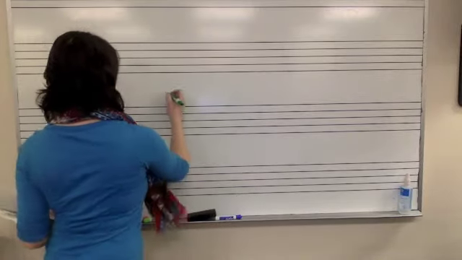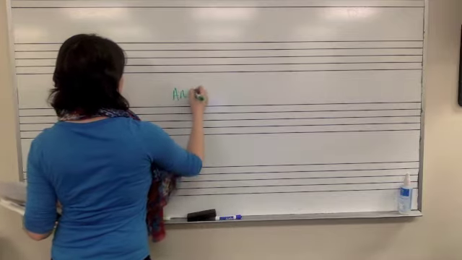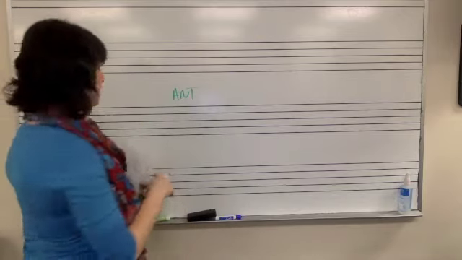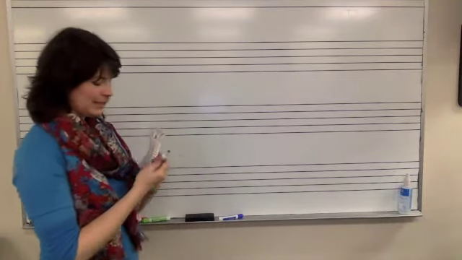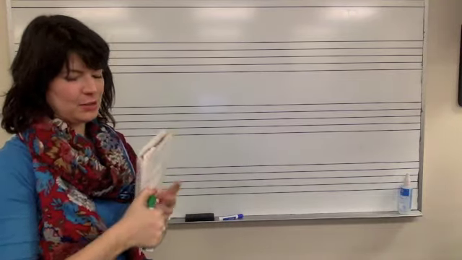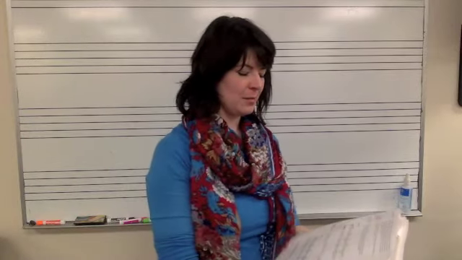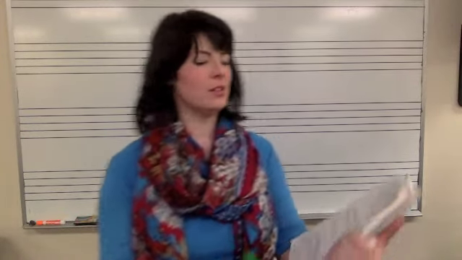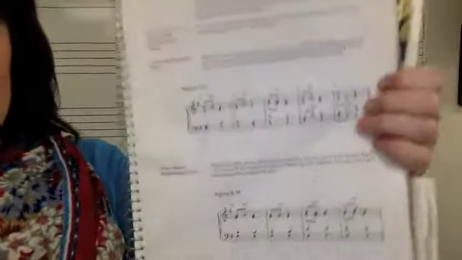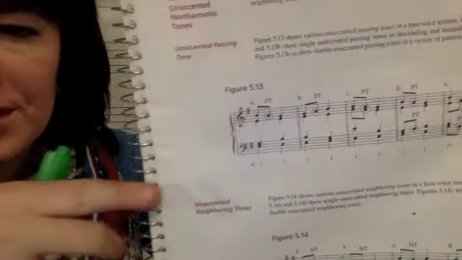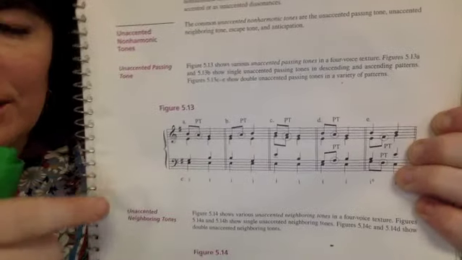Oh, and the shorthand for anticipation is A-N-T, ant. So when you're going through a piece of music, you basically just quickly label them. You circle the wrong note for the non-harmonic tone, and then you give it a label. So you can see on page 103, if you look closely, they've done a little bit for you.